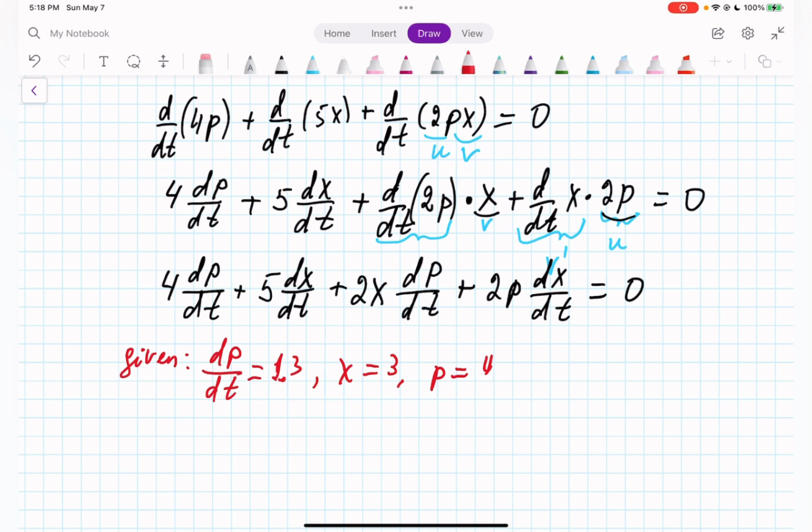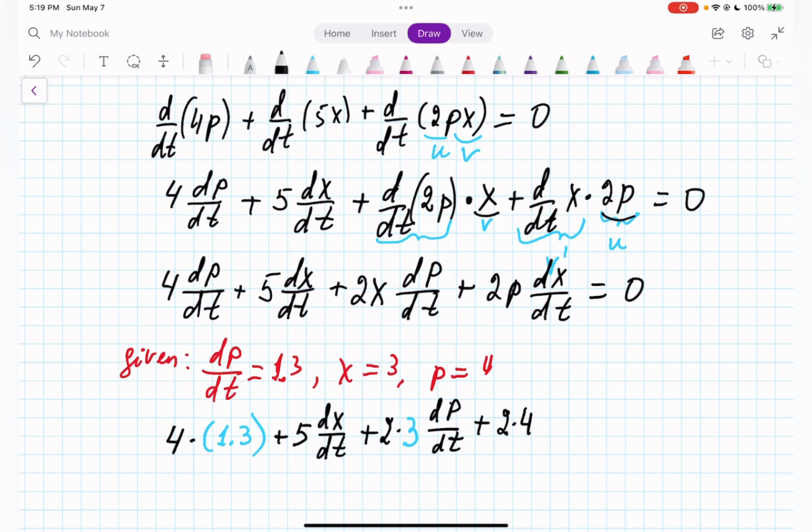So we have 4 times 1.3, plus 5 dx by dt, plus 2 times x, which is 3, times dp by dt, and then plus 2 times p, 2 times 4, times dx by dt. All this equals 0.